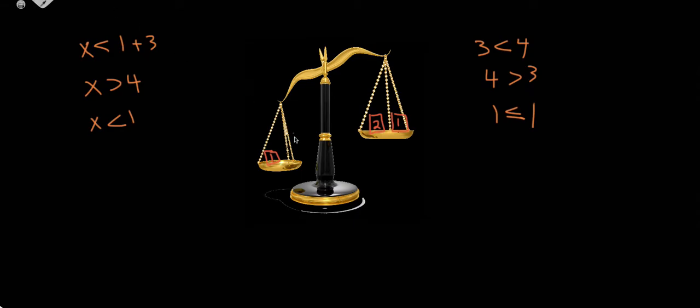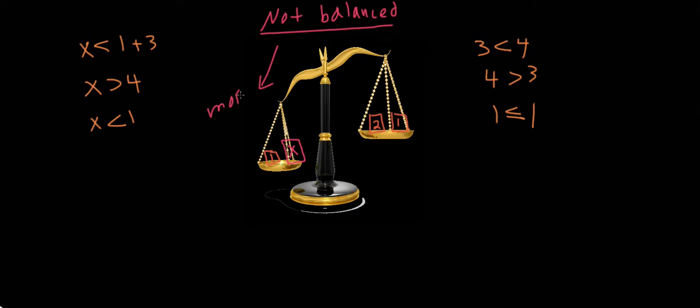So what we can do is set up an algebraic inequality to figure out what this x has to be. Before we start, let's see if we can notice something. We have to notice that this scale in this case is not balanced. The left side looks like there's more weight.